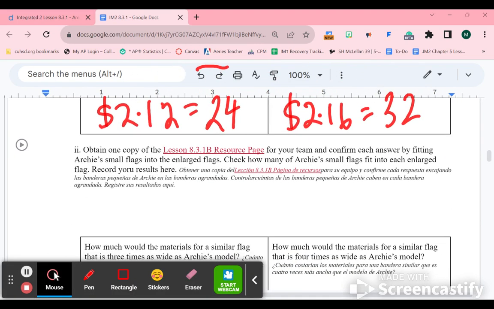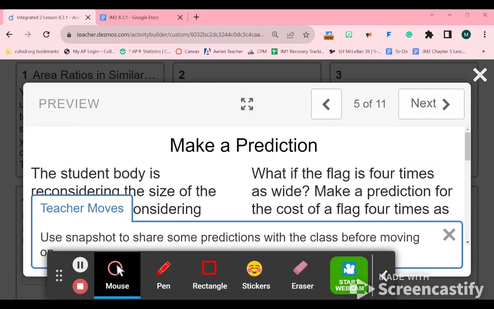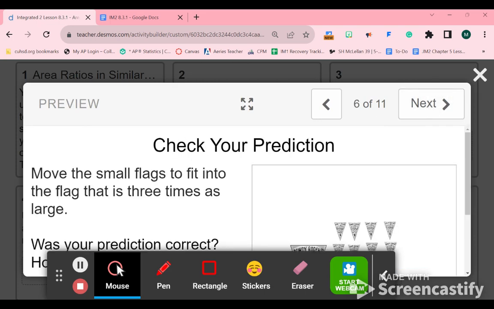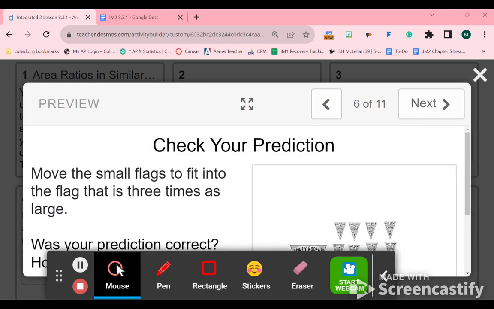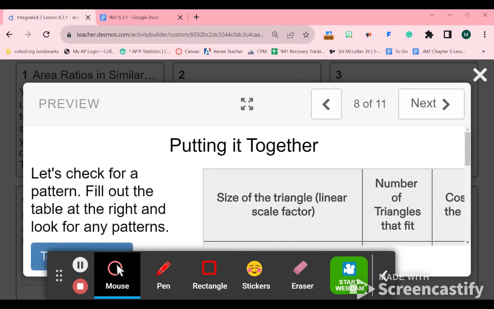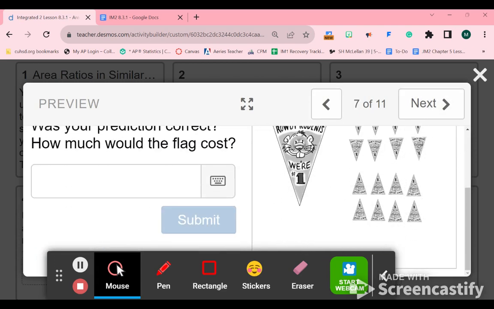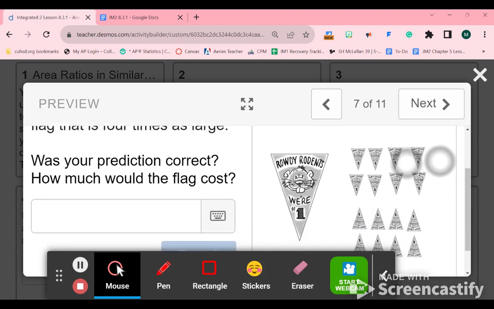Okay. So now it says obtain a copy of the 8.3.1 resource page, and we're going to figure out by counting how many fit in. I might ditch Desmos because I feel like this is not that easy to see, but let's see. Okay, I think I can do it.